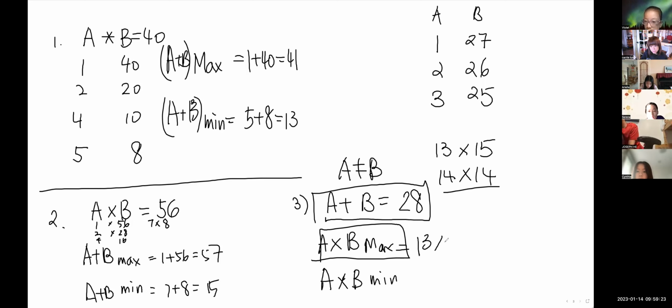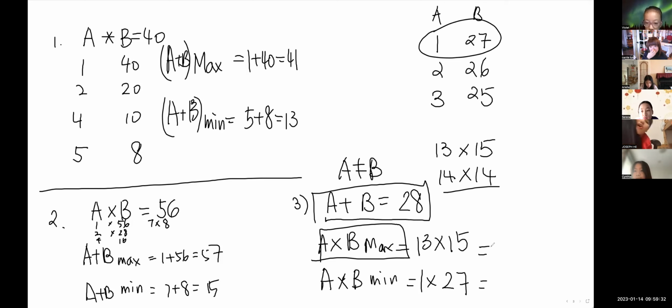So that's why 13 times 15 is the biggest, and minimum will be when they are apart the best. So 1 times 27 equals 27. Understand, everybody? So 185. So Cynthia, I think you got it backwards. So maximum is 185 and 27 is the minimum, 对不对？你是对的，但是你那个 minimum 在那个上面了，那个自动换行了。OK, you're right. Everybody understand? Okay, good job, good job.